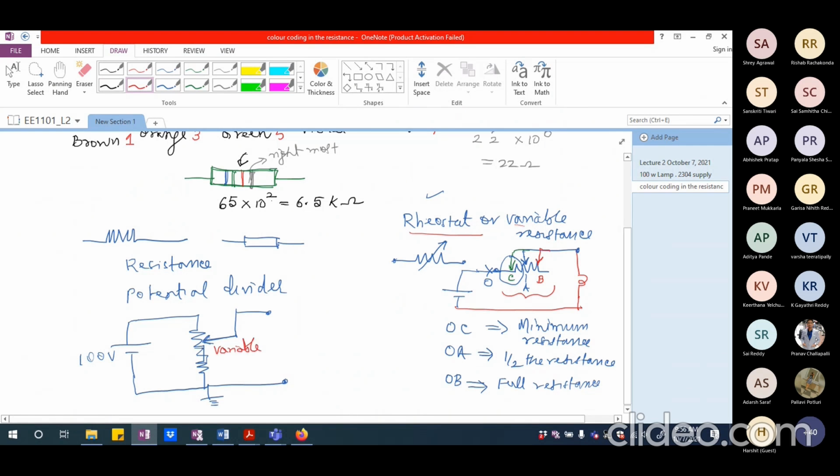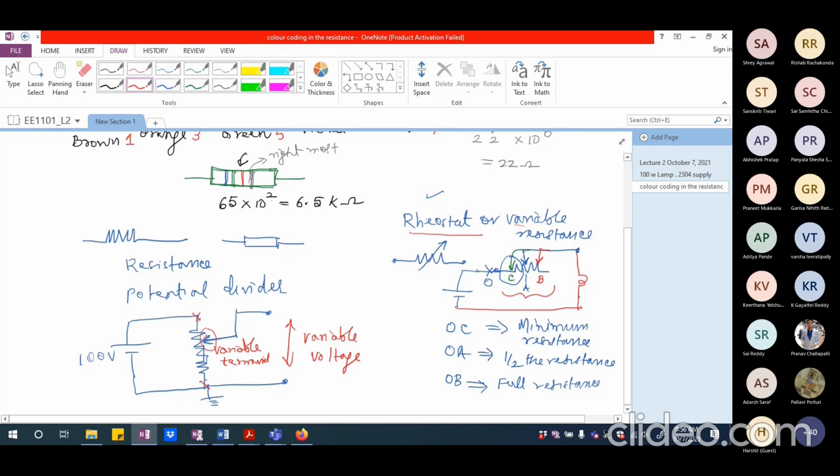So depending upon the position of this variable terminal, I am going to get a variable voltage here at the output. So I would be able to adjust the voltage that I'm applying to my circuit by adjusting this jockey point. Please remember this is like a 3-terminal device.